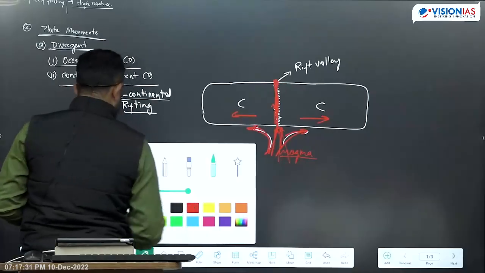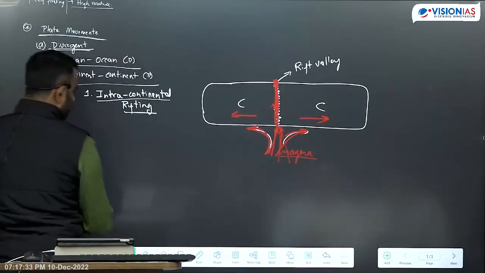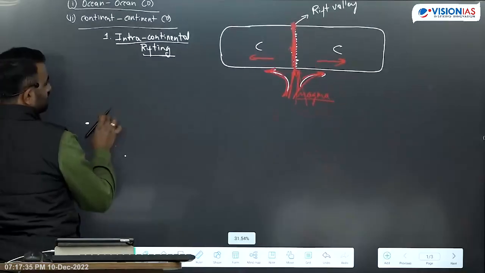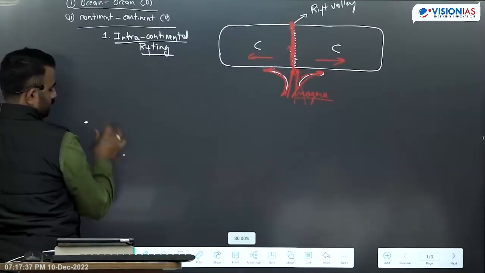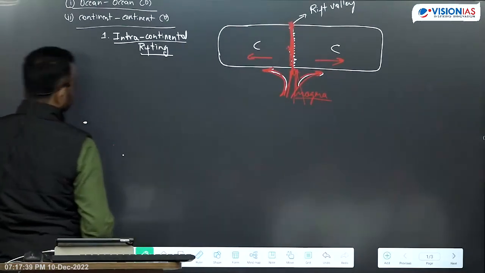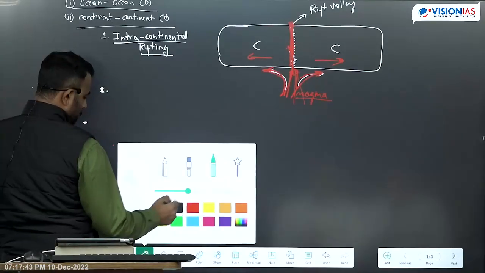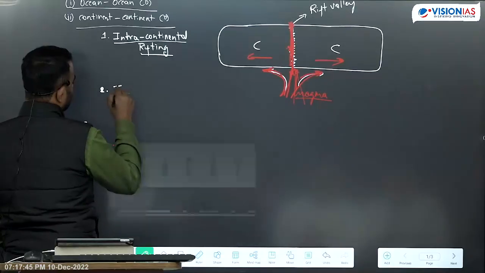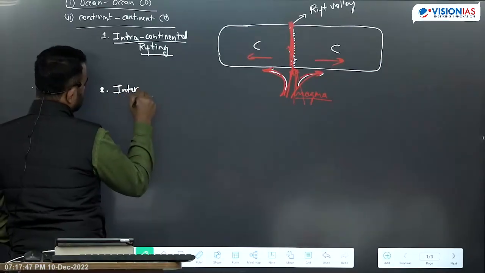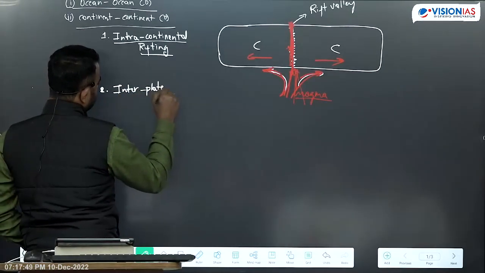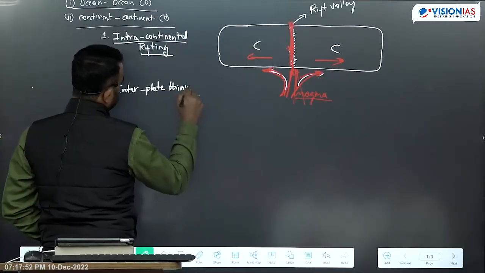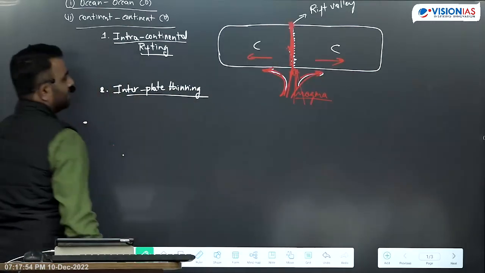After some time, when this stage continues for a sufficient period of time, we have the second stage, which is called interplate thinning.